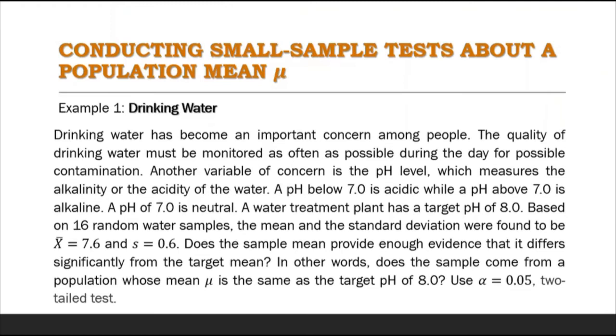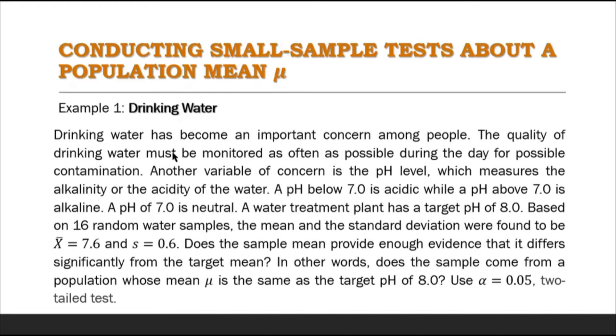Another variable of concern is the pH level, which measures the alkalinity or the acidity of the water. A pH level below 7.0 is acidic, while a pH above 7.0 is alkaline. A pH of 7.0 is neutral.